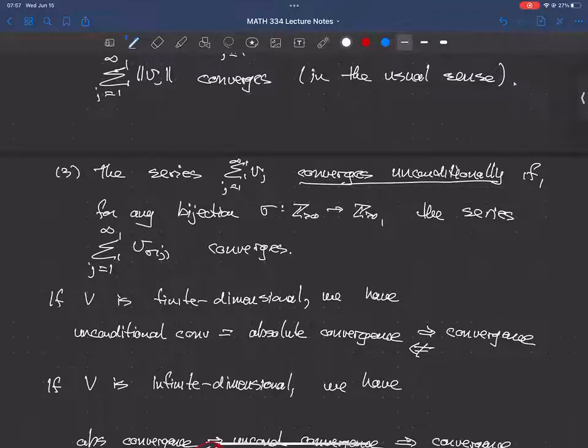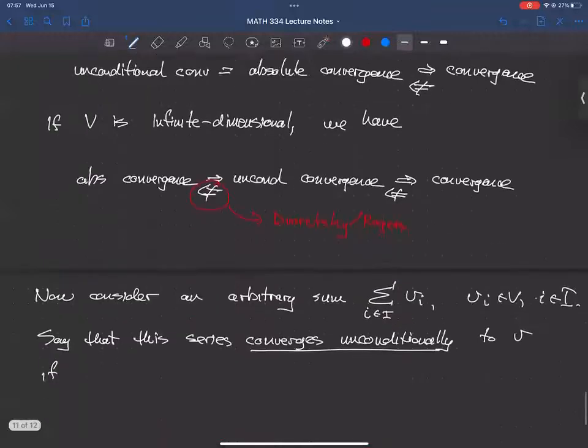This converges unconditionally to V. And yeah, in fact, I think I just said something wrong previously. Sorry about that. So the point is that this sum has to converge to V for any rearrangement. That's what unconditional convergence means. Apologies.